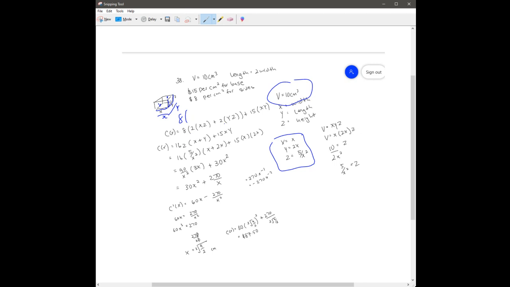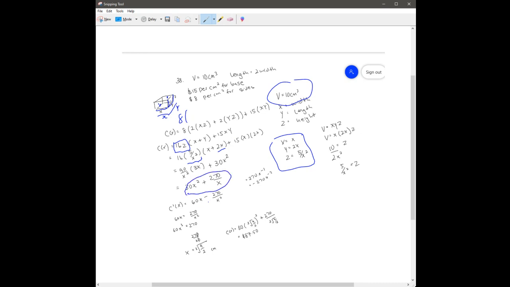Then I simplify by factoring out 2z, which gives 16z times (x plus y), plus 15xy. Then I plugged in 5 over x squared for z, and 2x for y. And then finally, you get this expression.